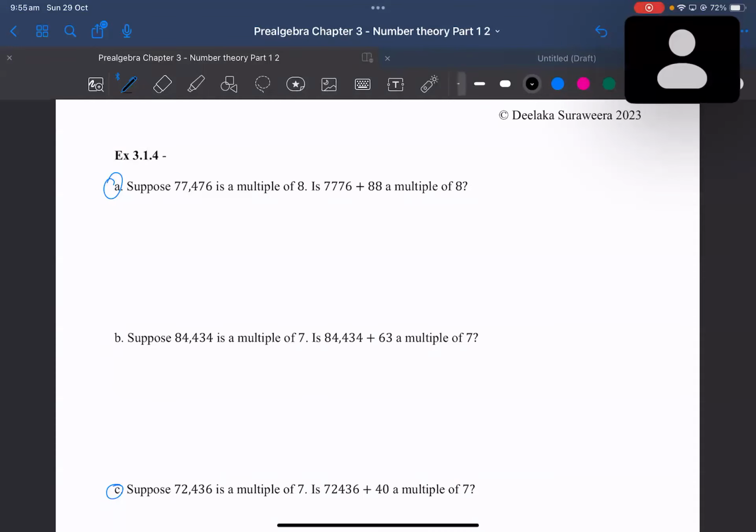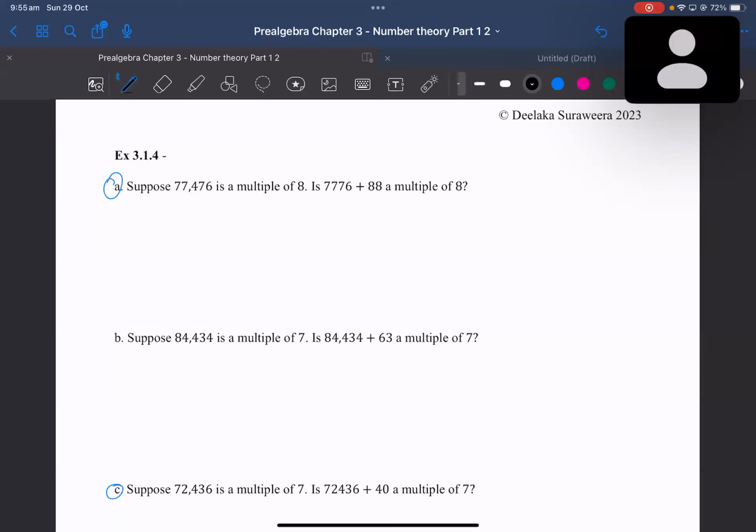How are R and S even multiples of 9? There's no even multiples of 9. What do you mean? 18. A is yes. Okay. Yeah, that's great.